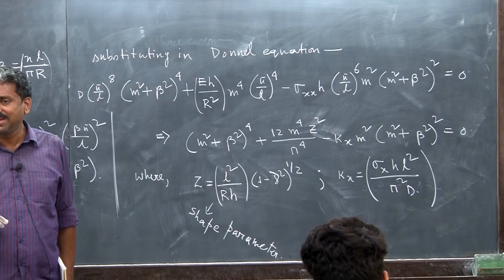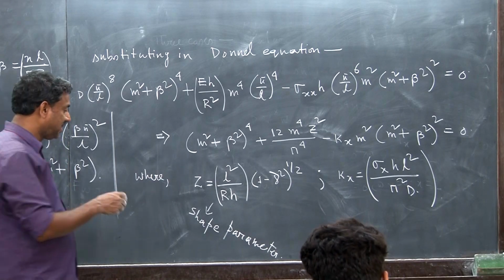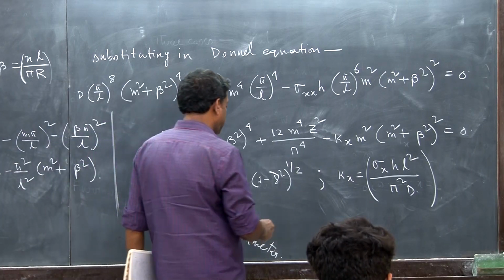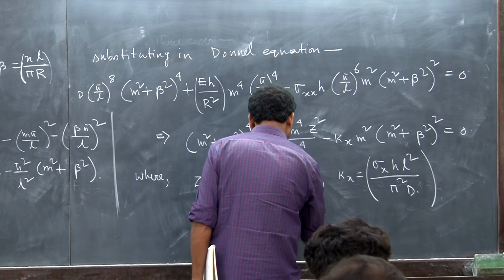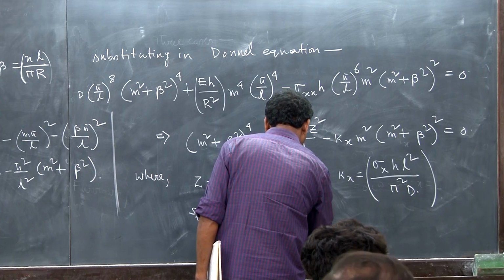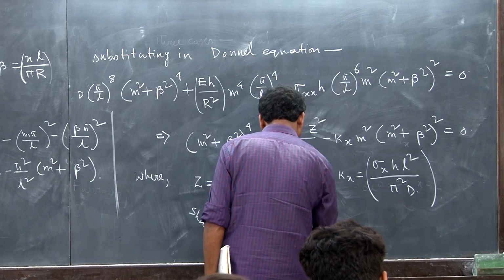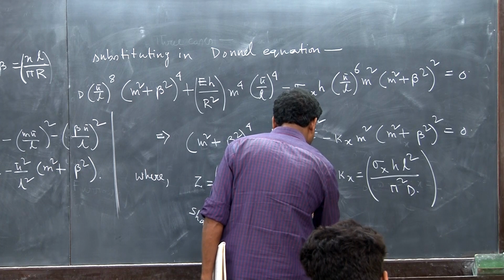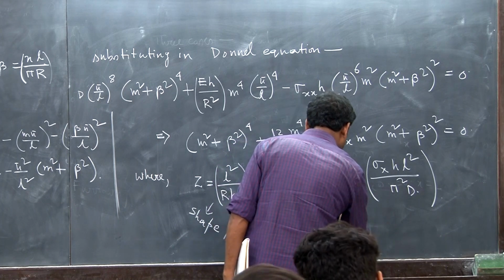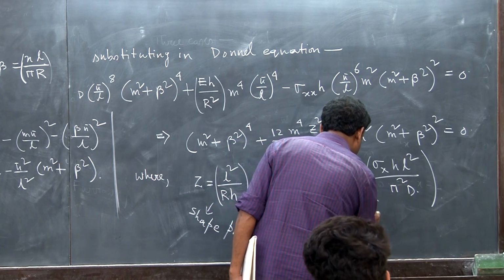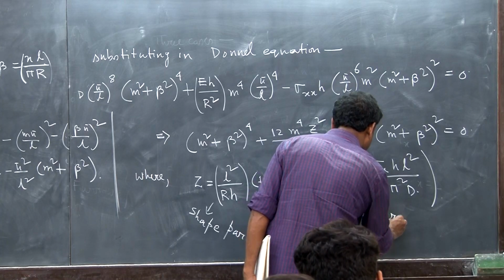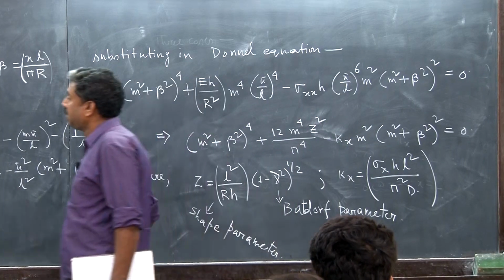Understand the critical role, right? So that's why it's a shape parameter, and this parameter is called the Batdorf parameter. Batdorf, B-A-T-D-O-R-F. This is called the Batdorf parameter.